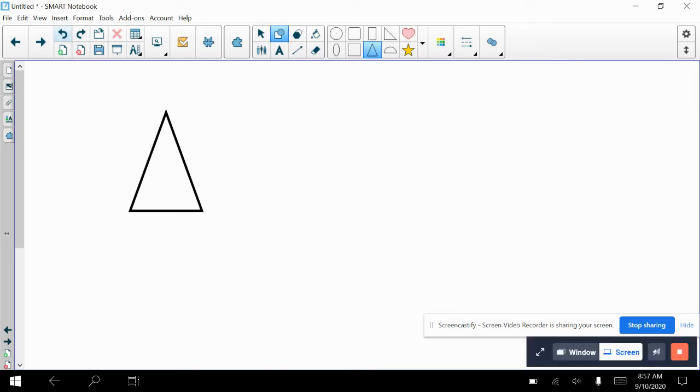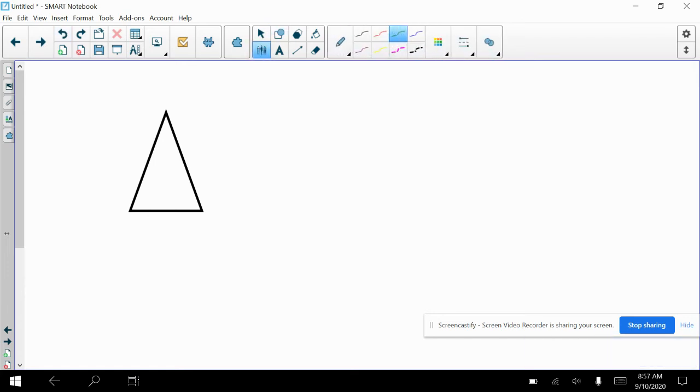Okay, triangle. This is the most common missed shape. I will tell you why in a minute. Okay, normally they represent the height by a dotted line.